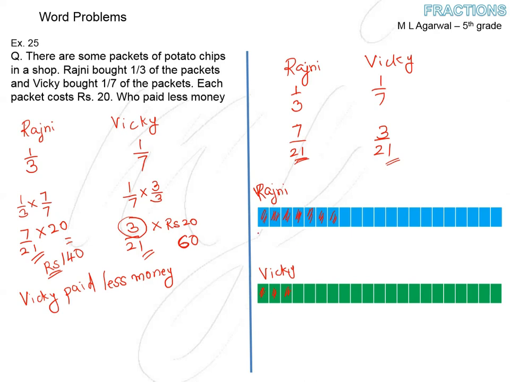Each is costing say 20 rupees. 20 rupees this much, 20, 20, 20, 20, 20 and 20. Here also it is 20, 20 and 20. So this much is 20, 40, 60. And here it is 140. So who paid less money? Correct. Vicky paid less money. I hope you understood how to solve this problem.